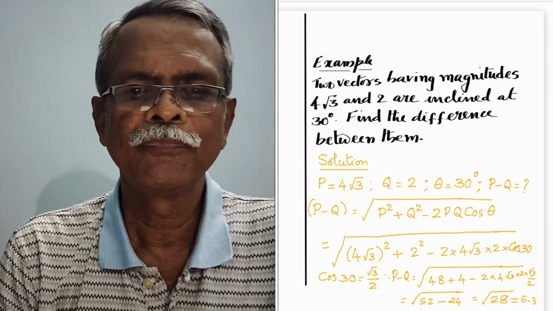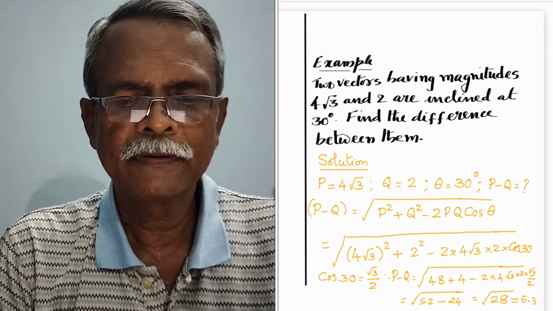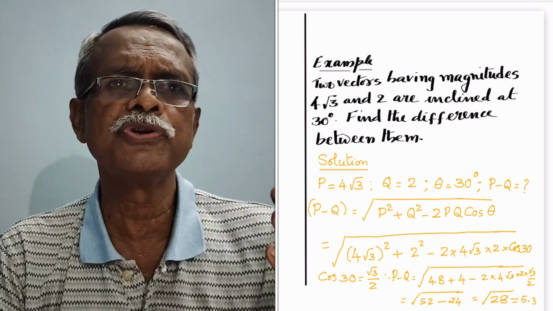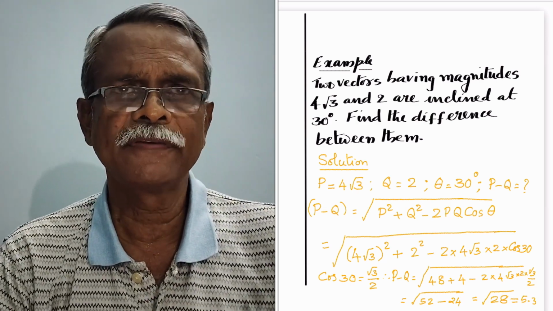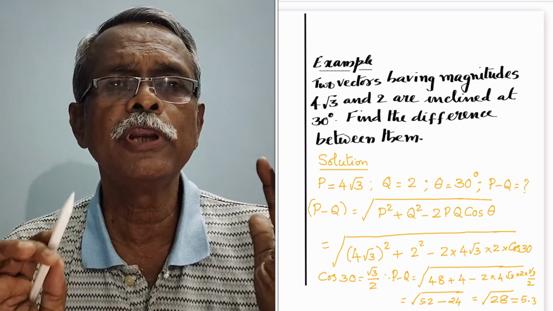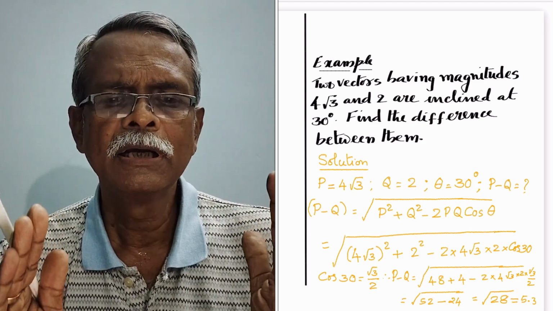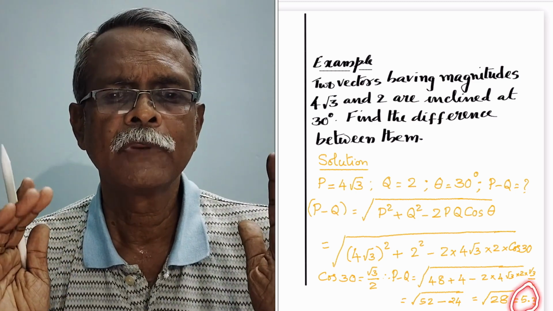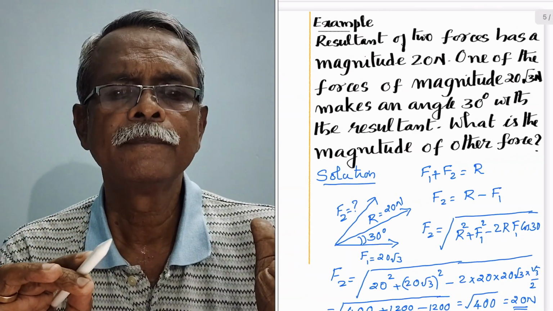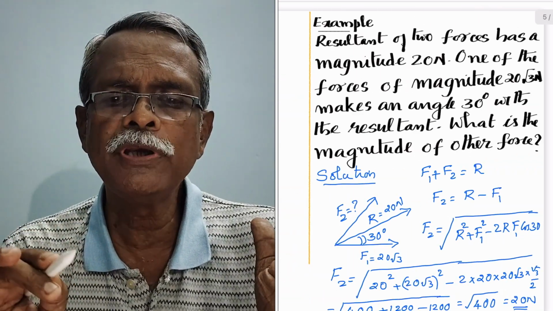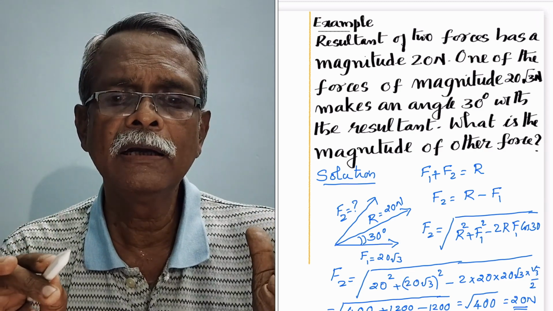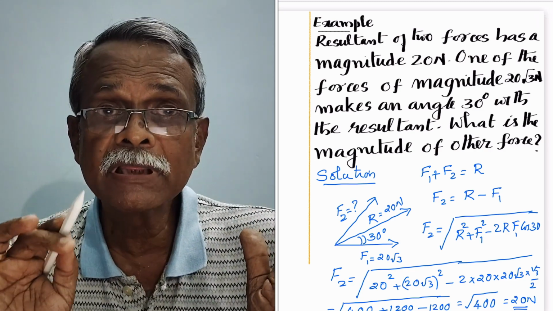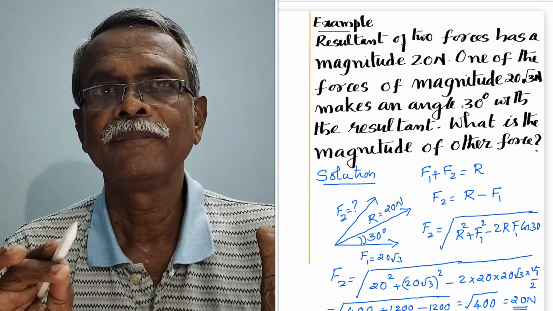Next example. This is a slightly tricky question. The resultant of two forces has a magnitude of 20 Newton. Therefore, here the resultant is given. One of the forces, of magnitude 20 root 3 Newton, makes an angle of 30 degrees with the resultant.